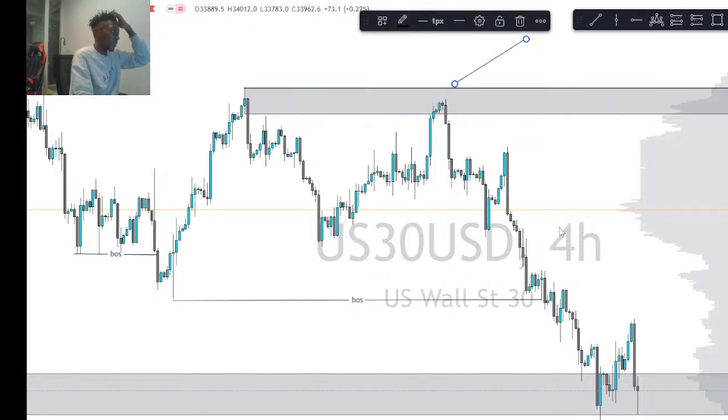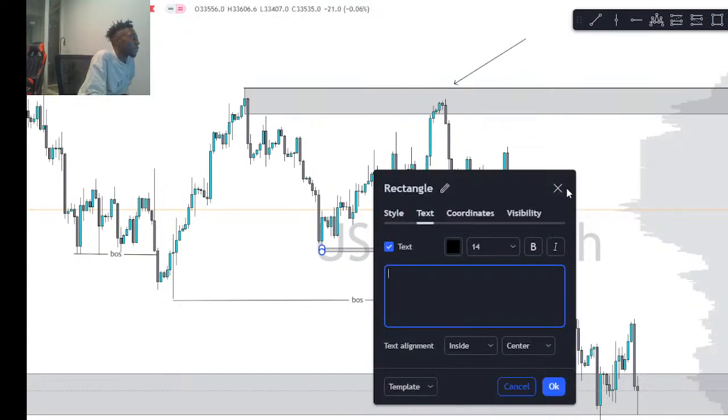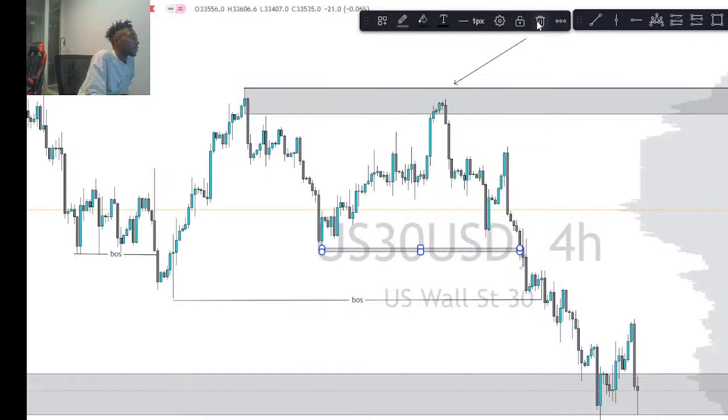That supply zone was tested, so it is no longer valid. After that, we had a break of structure here, and also here.